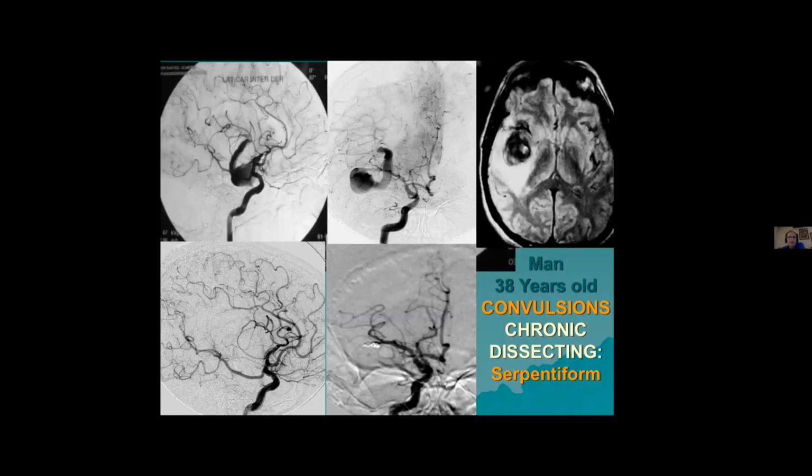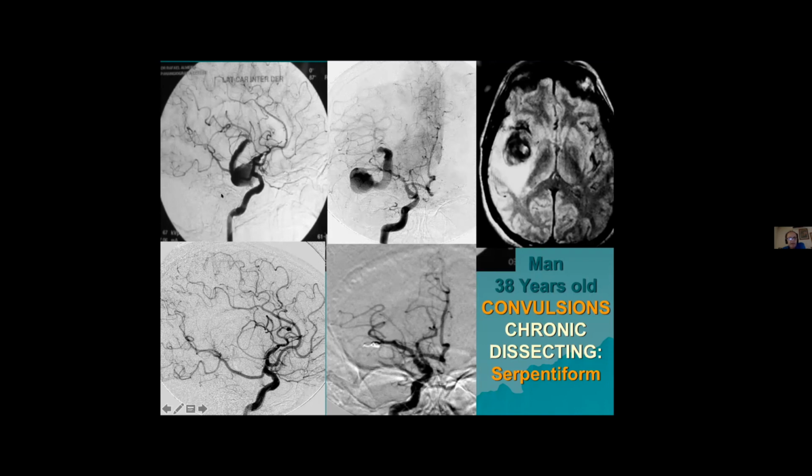This is a 70-year-old patient with an aneurysm with mass effect and bleeding, a fusiform or serpentine aneurysm of the middle cerebral artery. You see here the spasm, and here the collateral anastomosis.